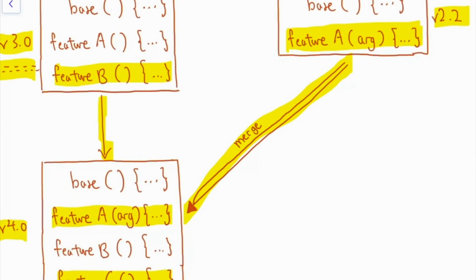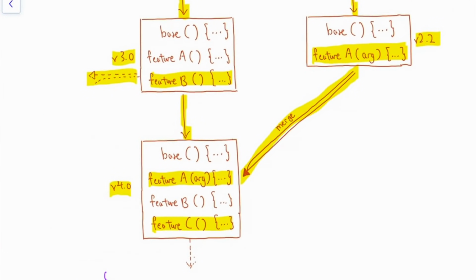Of course, after checking that it is indeed faster than the original feature A, you guys would merge, and then everything would become one again.